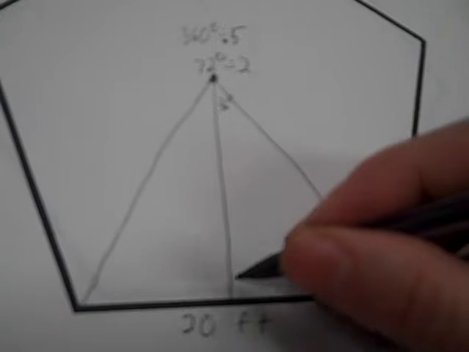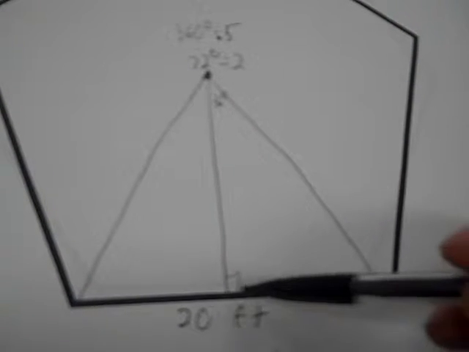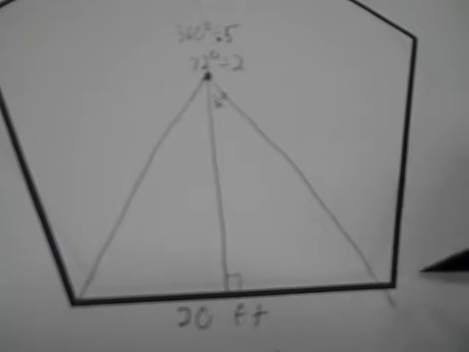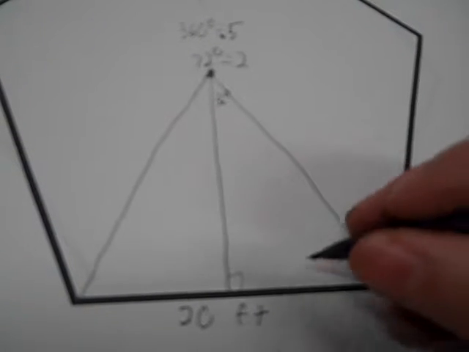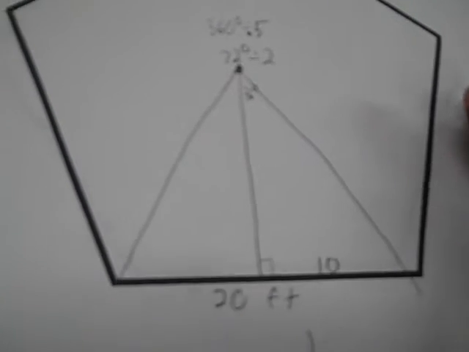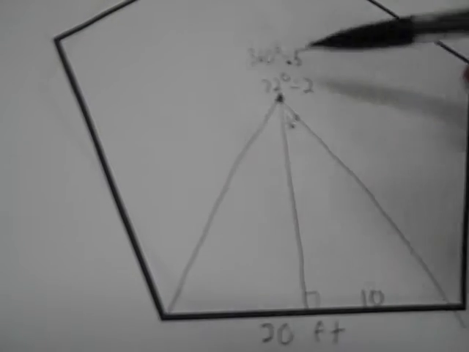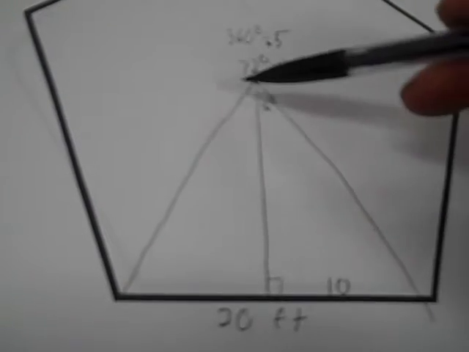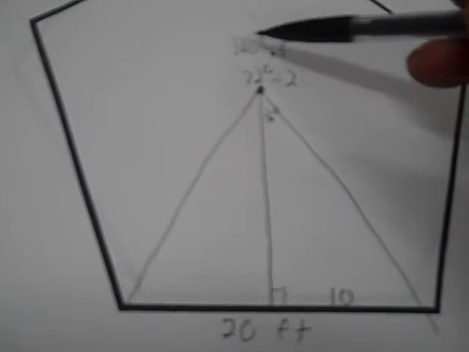Now, I also have a right triangle here, and the base of that triangle is just half of 20, which would be 10. Again, draw your apothem. To find the big angle, you take 360 divided by the number of sides, and then you divide that in half, and that's your angle.